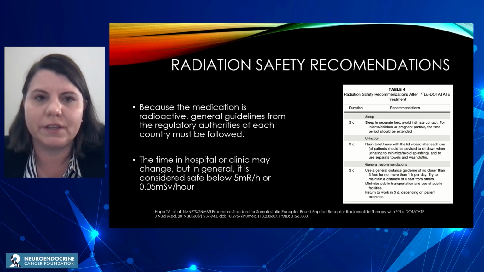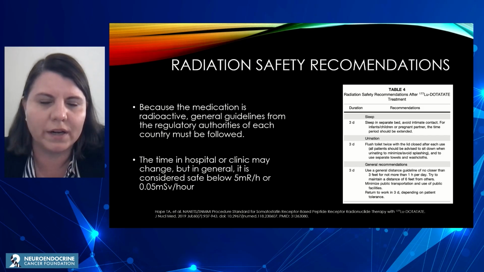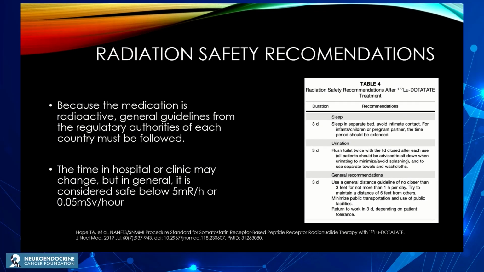Some radiation safety recommendations are also very important, and they are divided into three big groups. One is sleep: the patient should sleep alone, no sharing beds with adults, infants, or children, and of course not with pregnant partners.